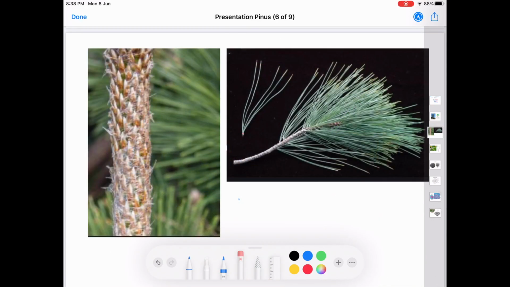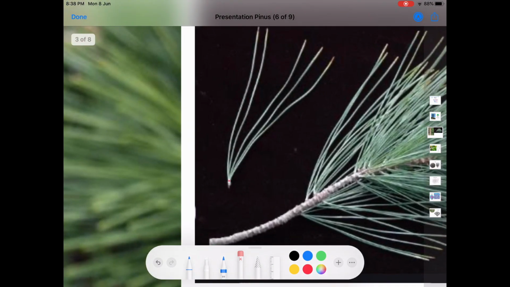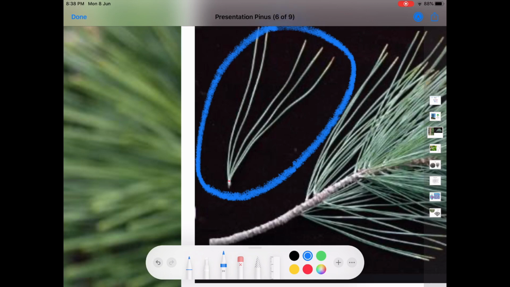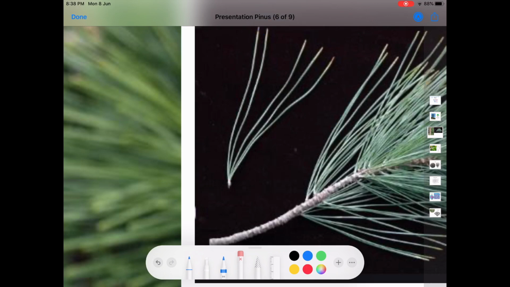First we will look into the structure of dwarf shoot. The dwarf shoots are arising from the axils of the scale leaf present on the long shoot. This is the long shoot, and this long shoot will be carrying small scale leaves, and the dwarf shoots are arising from the axils of these scale leaves present on the long shoot.